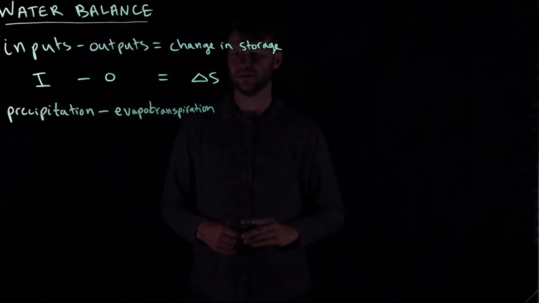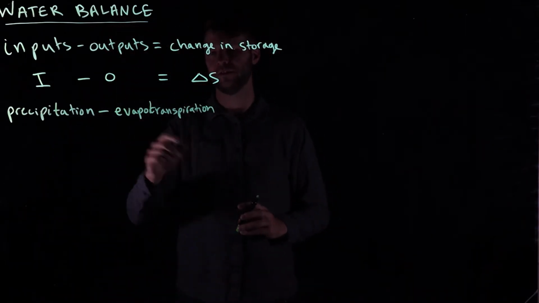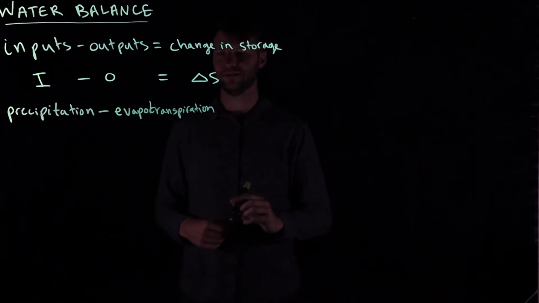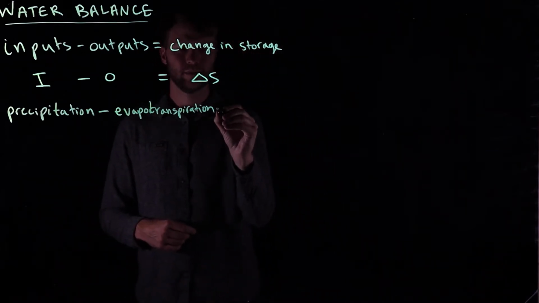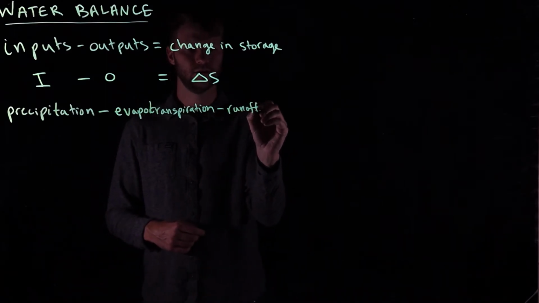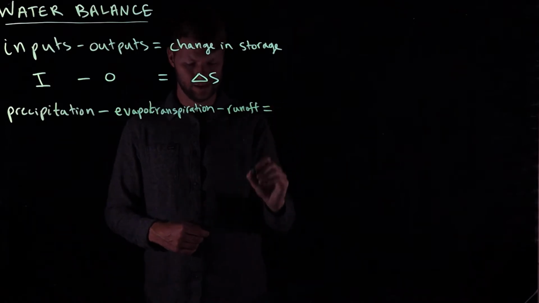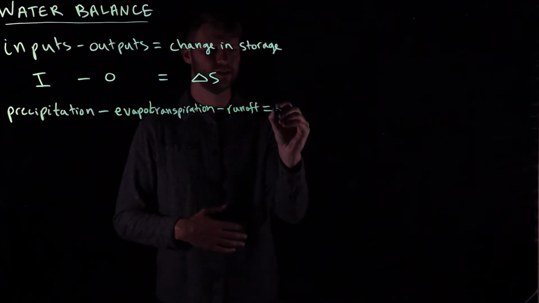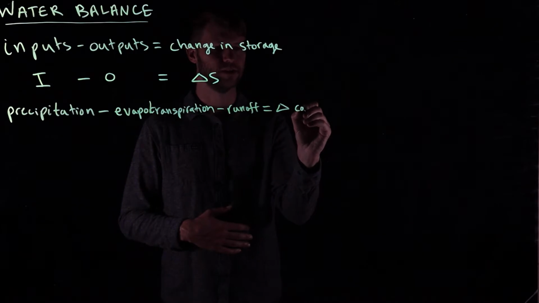And this is either from the surface of leaves, transpiration, or abiotic evaporation. It's the combination of both. And then the other output we have is runoff, or discharge. And so this is equal to the change in catchment water storage.